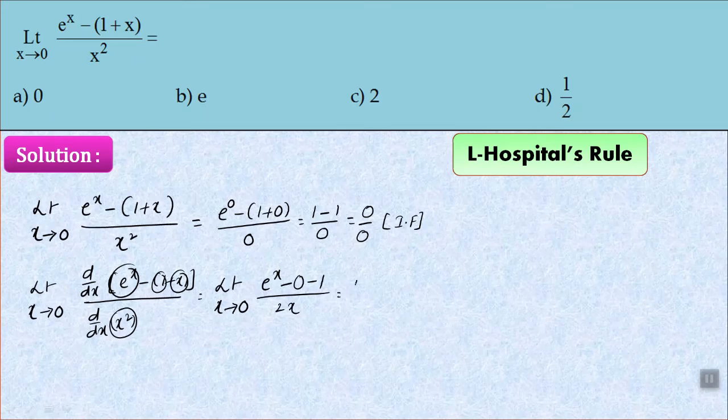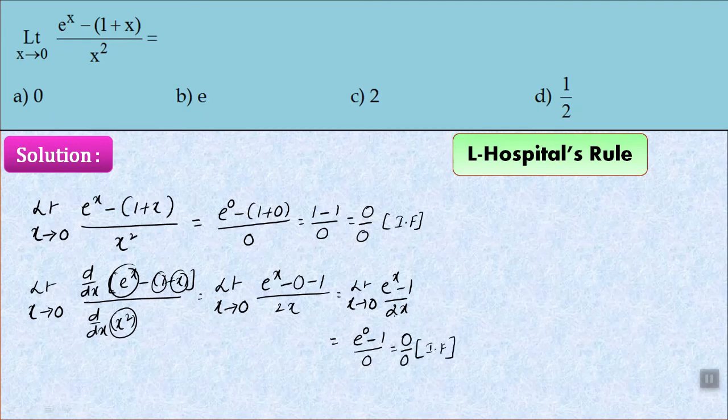This equals limit x tends to 0 of (e power x minus 1) divided by 2x. Now substitute the limit here: e power 0 minus 1 divided by 2 into 0, which is 0, is equals to e power 0, 1, 1 minus 1, 0 by 0, again of the indeterminate form.